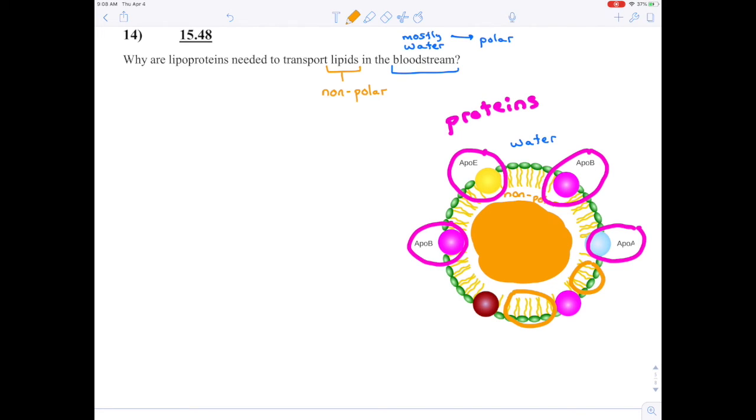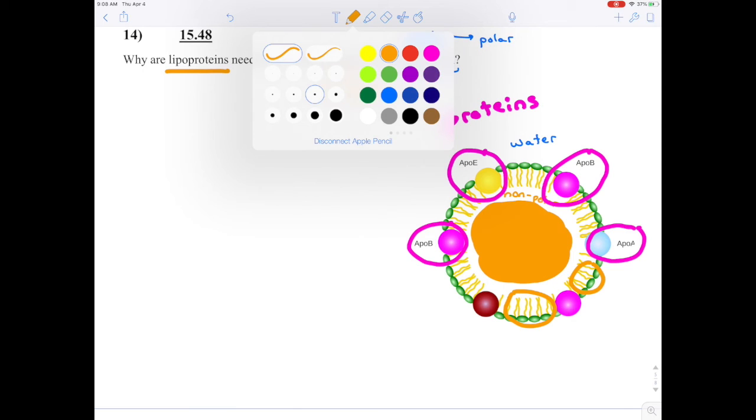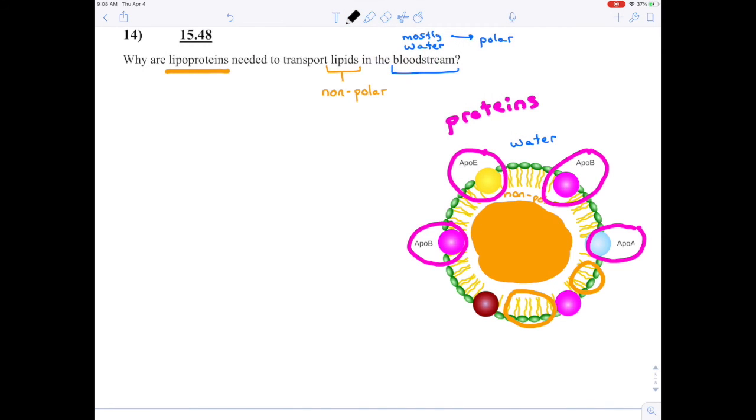You have proteins. Together, they make up what are called lipoproteins. And lipoproteins act as trucks that carry lipids around the highways of your body's arteries.